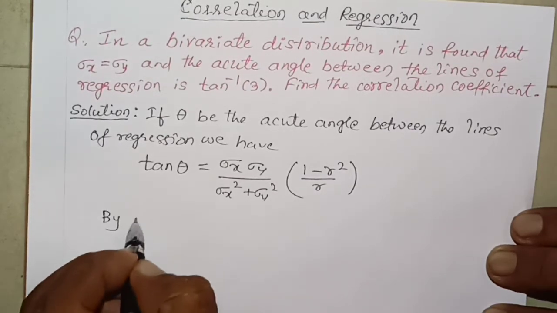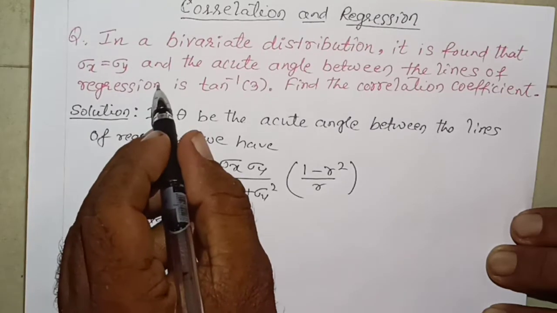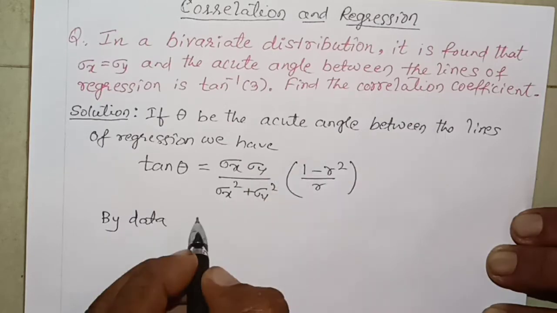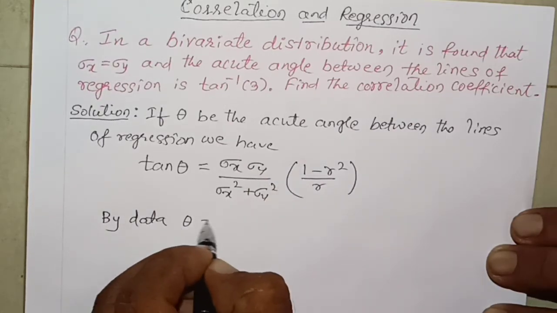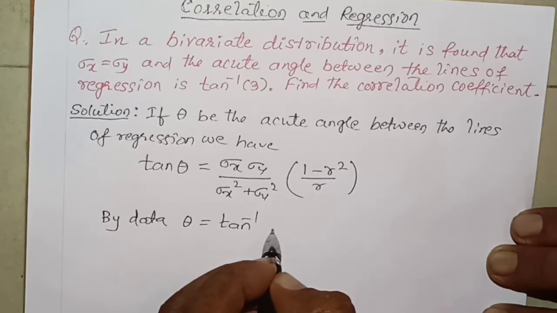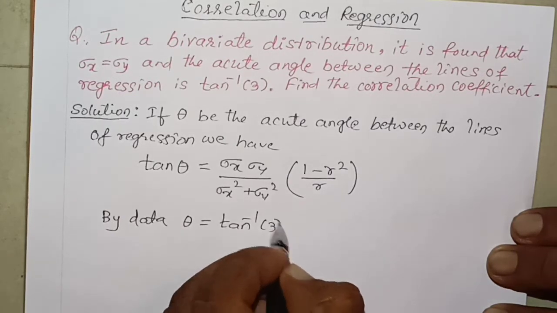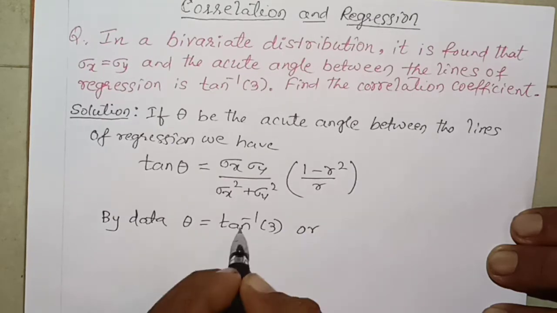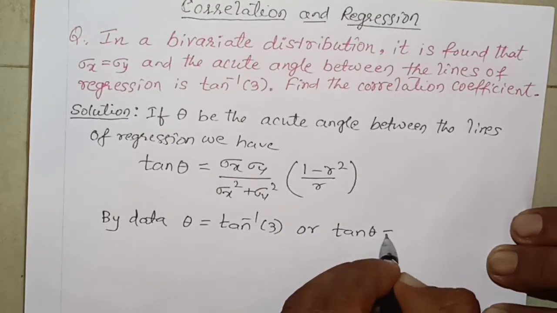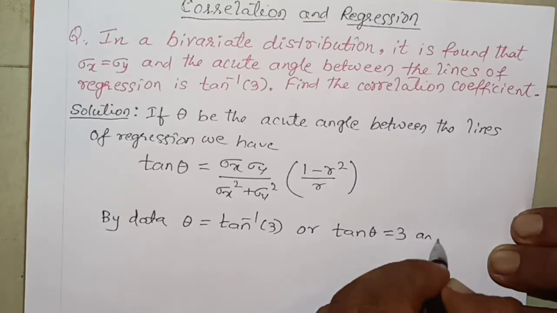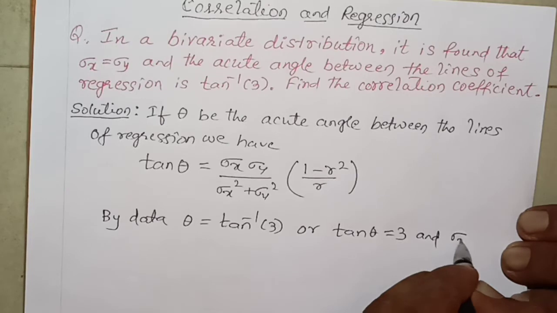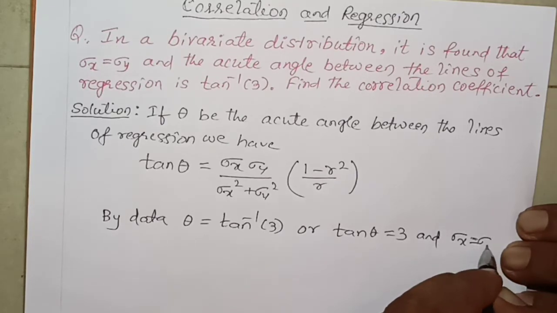Next, by data, in data it is mentioned, so acute angle, theta is equal to tan inverse 3, or we can write tan theta is equal to 3, and they mention standard deviation of x is equal to standard deviation y.